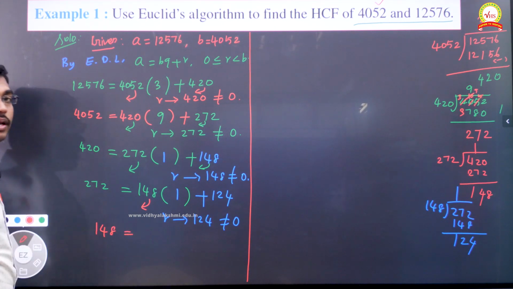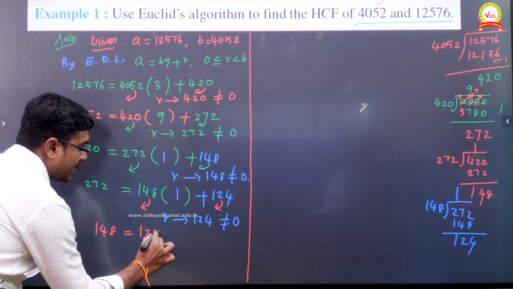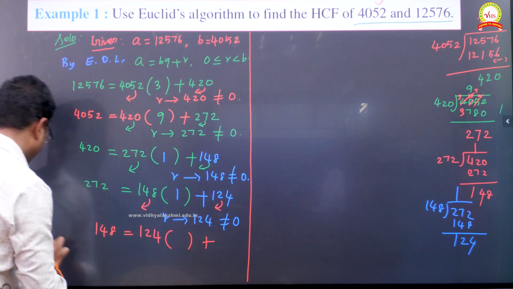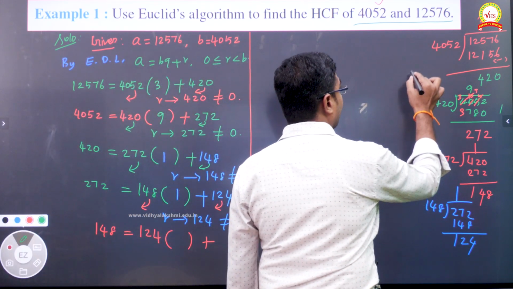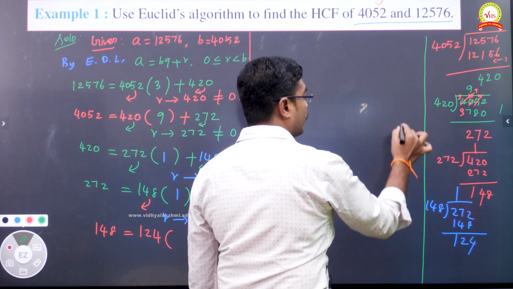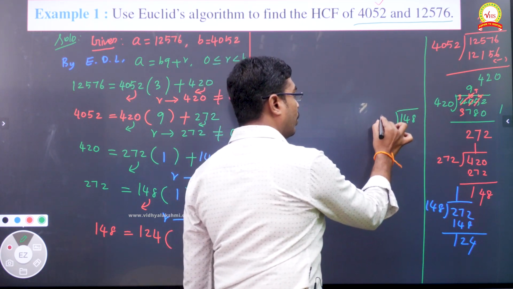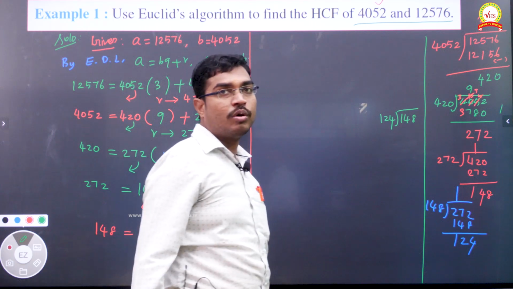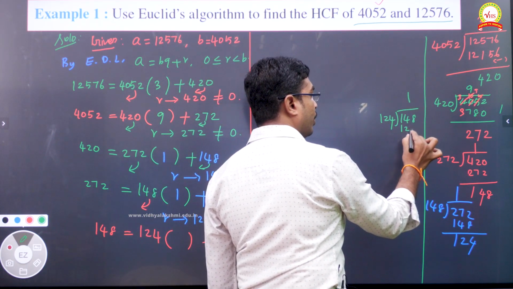148 becomes the dividend and 124 becomes the divisor. So divide the value correctly. 148 divided by 124. This is also possible one time only. So 1 into 124 is 124.